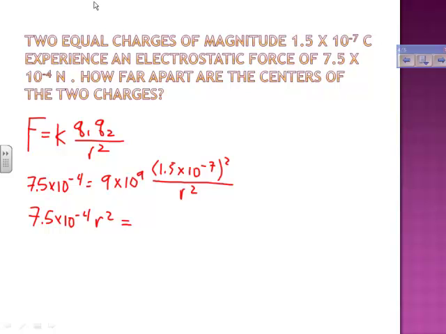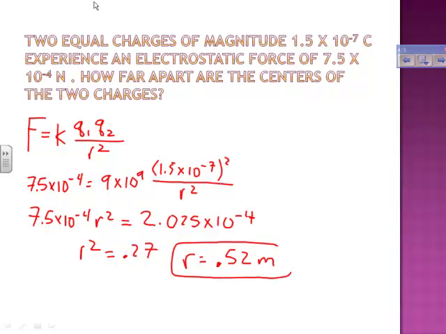We get 2.025 times 10 to the negative 4th. Then divide both sides by 7.5 times 10 to the negative 4th. I get r squared equals 0.27. Then take the square root of that. R was 0.52 meters. A little bit harder algebra here, but not much different of a problem.